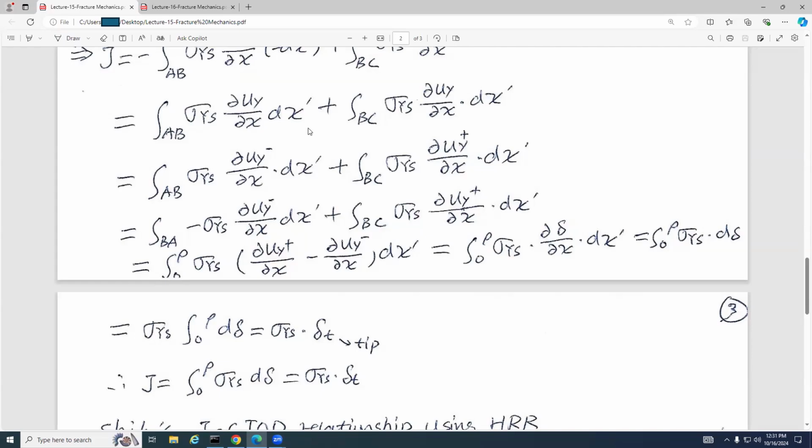So that's the reason we can have delta. The difference between these two guys is the delta, the crack opening, how much the crack opens at the tip. So this is delta. See?